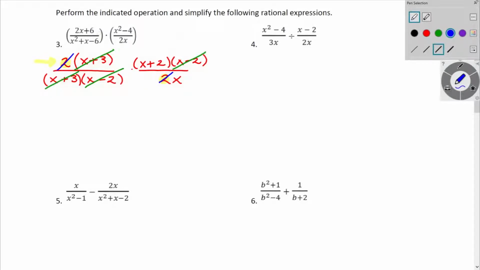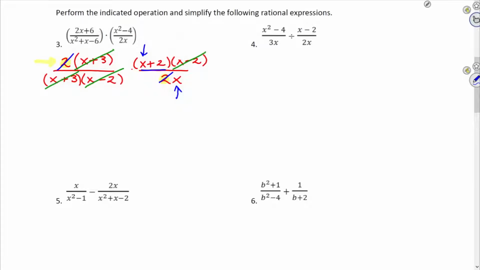Okay. Similarly, I cannot cancel this x and this x because this upper x is being added to 2 to create one big factor. You must think about x plus 2 in parentheses as a large factor, and either the whole thing is canceled or nothing is canceled. Okay, so with that, what do I have left? What I have left on the top is this x plus 2, and in the denominator I have x.